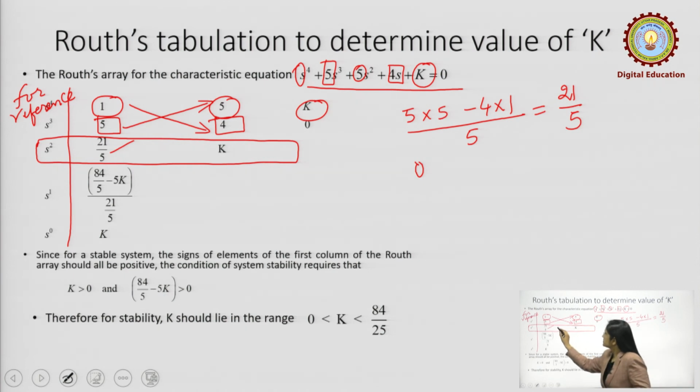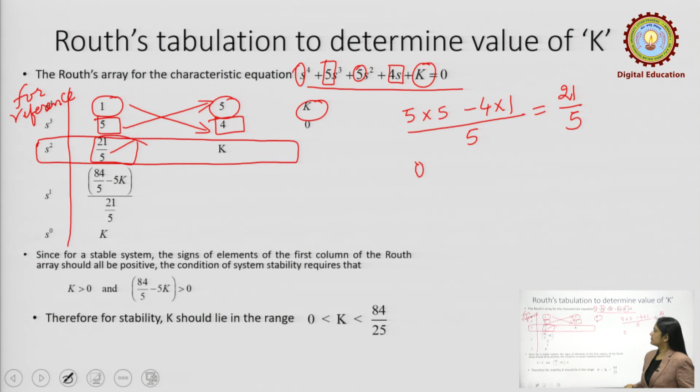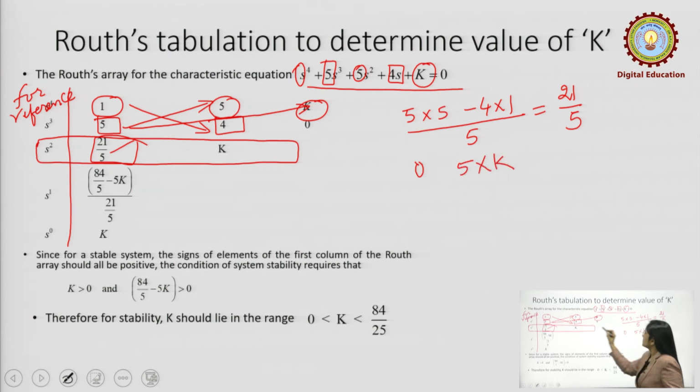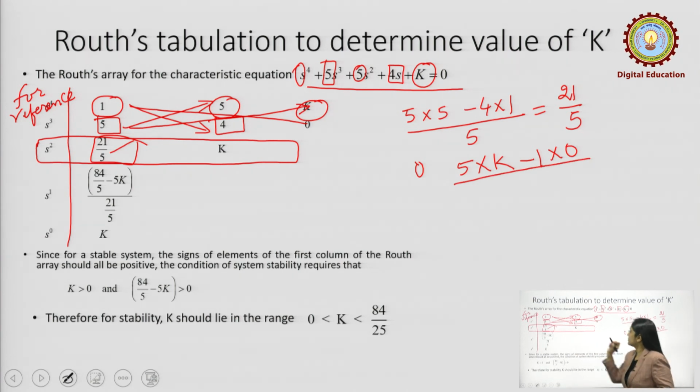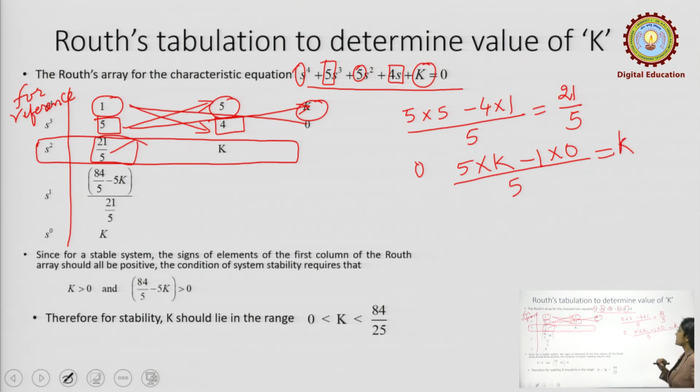So, we get this element 21 by 5, and the next element is obtained by 5 into k minus 1 into 0, divided by 5, and this is equal to k. So, this is the next element.